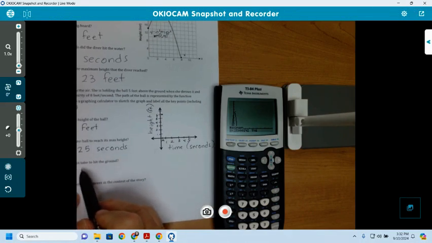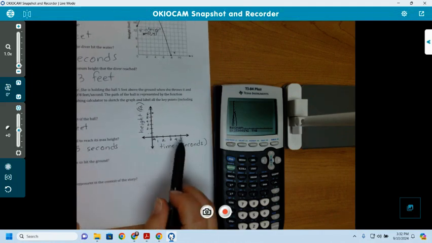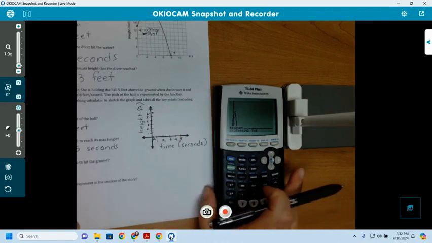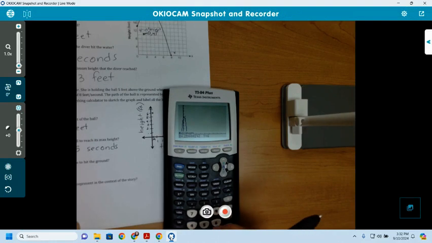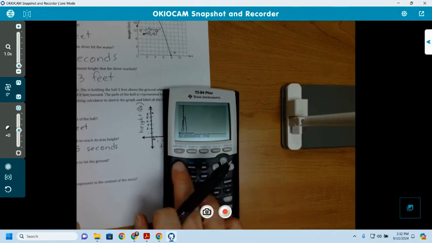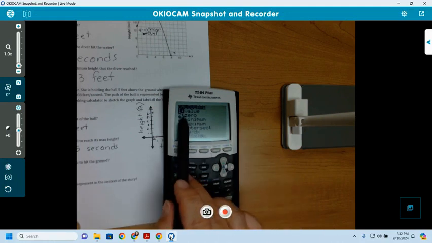How long does it take the ball to hit the ground? So we want to find what the x-intercept is. So again, let's go back to our calculator. Let's go second, calc, and we want our 0 values.